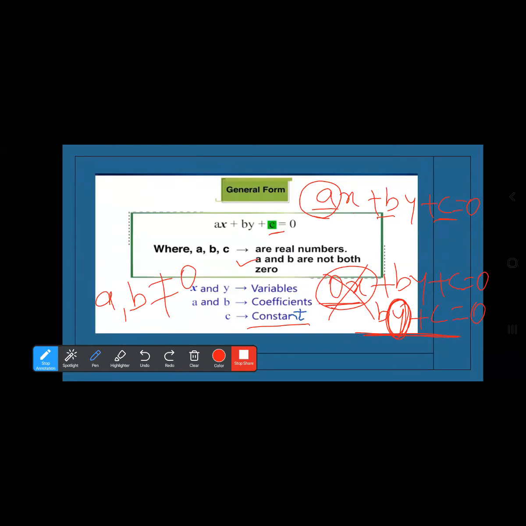With the constant, you cannot see any variable along with it. So the general form is ax plus by plus c is equal to 0, where a and b are not equal to 0, and a, b, c belong to the real numbers. This is the general form.